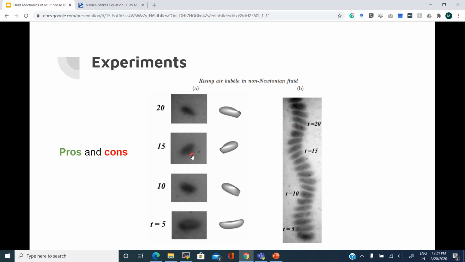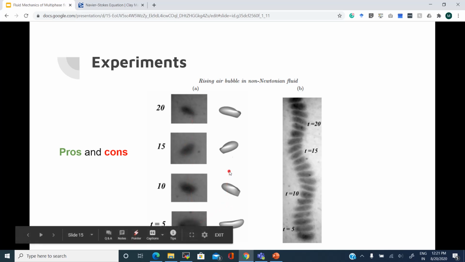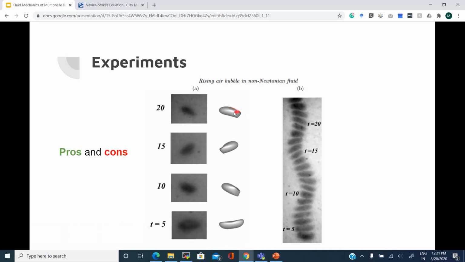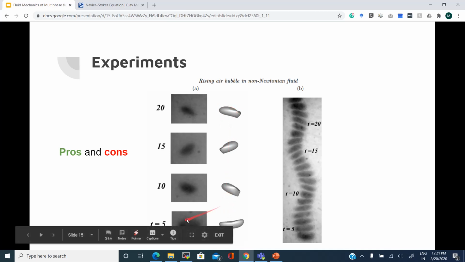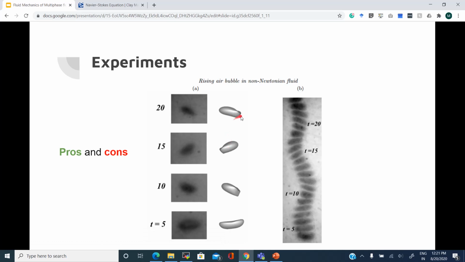And here are the experimental images at different times. You can see that roughly the orientation and size of the bubble match with the experiments. But in the numerical simulations, the boundary is very clear and you can see the entire three-dimensional view from all sides. So you get very accurate results from the numerical simulations. This is just to show the limitations of the experiments.